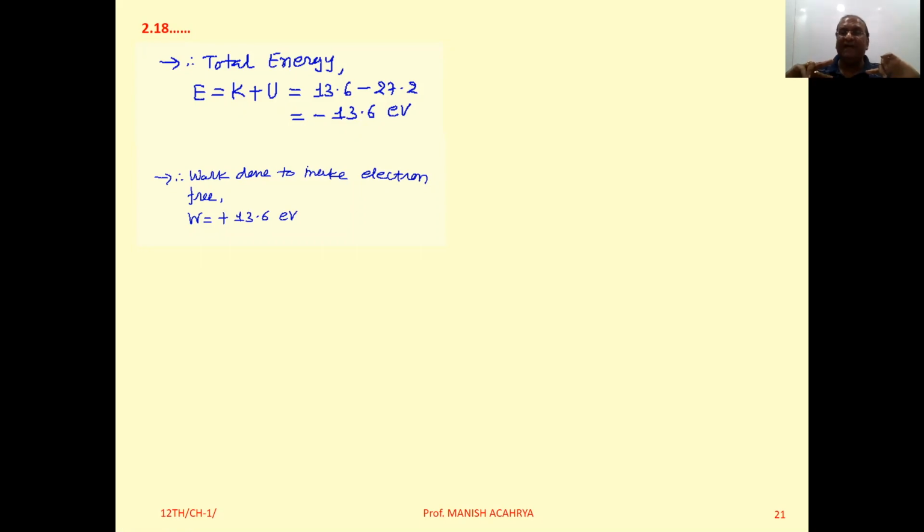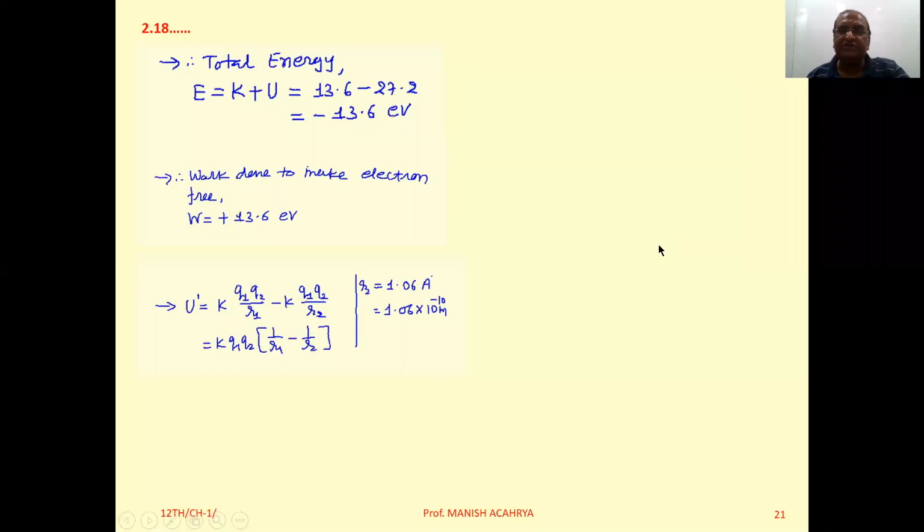So if we supply the same amount of energy to it, then it will be free. And now we can say, to make the electron free, we have to do work, that is plus 13.6 electron volt. Clear to all of you up to this?